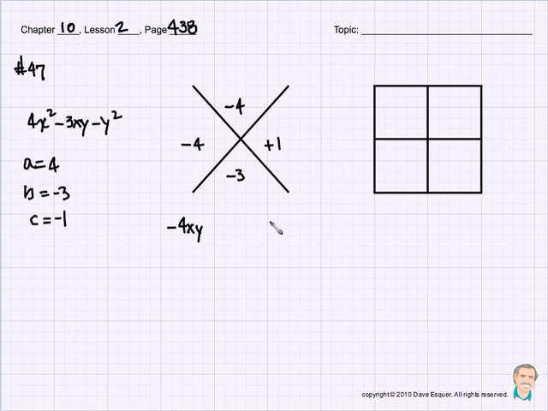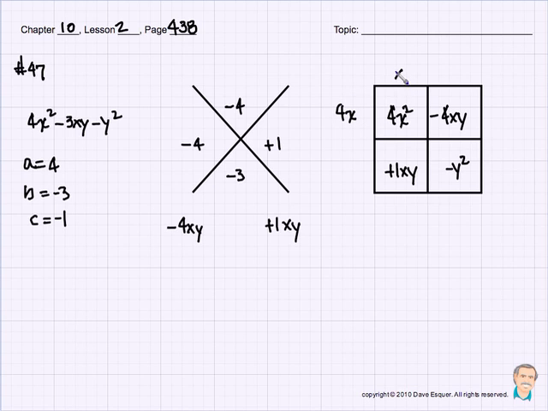So we have a minus 4xy, and we have a plus 1xy that we're going to have to put into our box. We have a 4x squared in the top, a minus y squared underneath. Let's place the minus 4xy up top, and the plus 1xy on the lower left. Just like we've done before, let's compare 4x squared and minus 4xy.